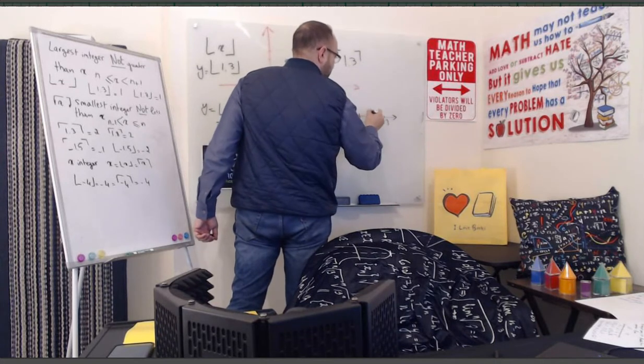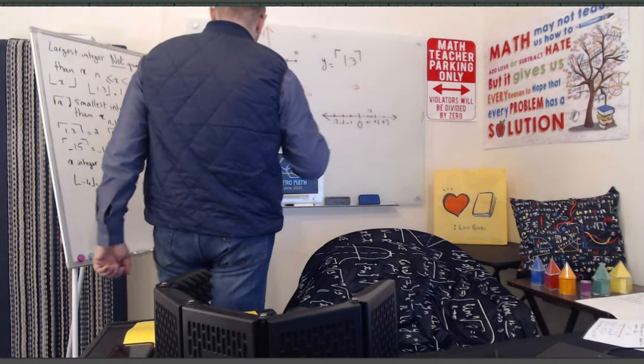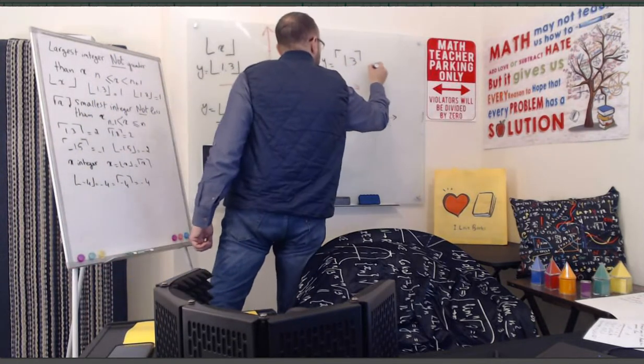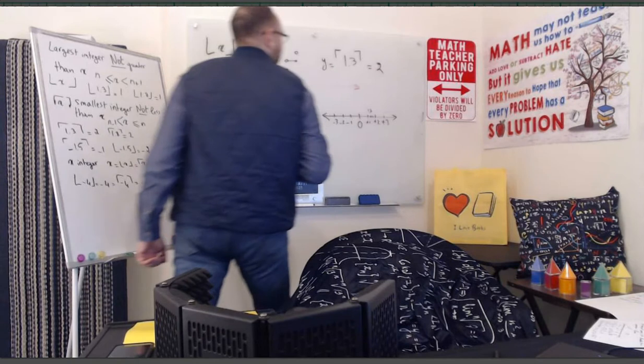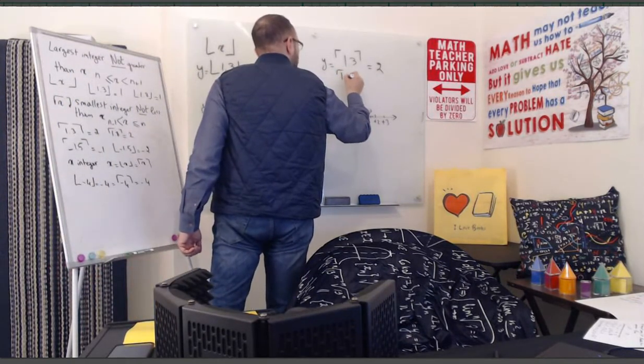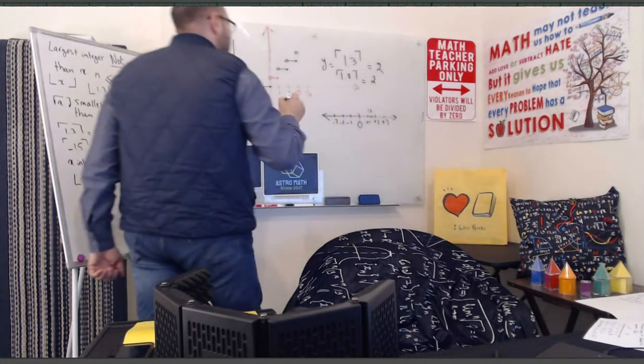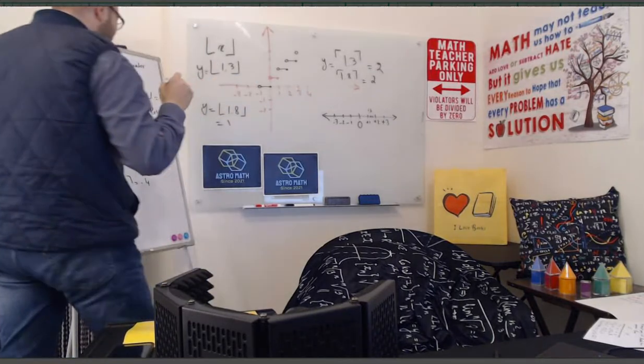Where is 1.3? Right here, but not less than x. Do I choose 1 or 2 in this situation? I choose 2. That's it. Okay? Again, if I have something like 1.8, I choose 2. The smallest integer, not less than x.